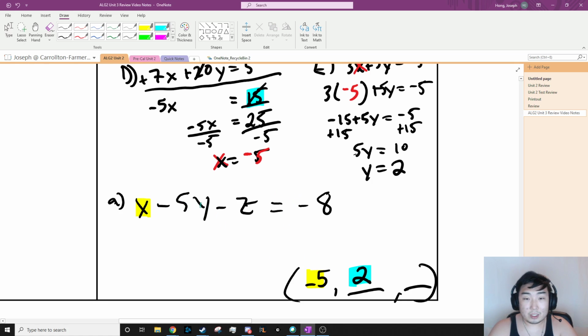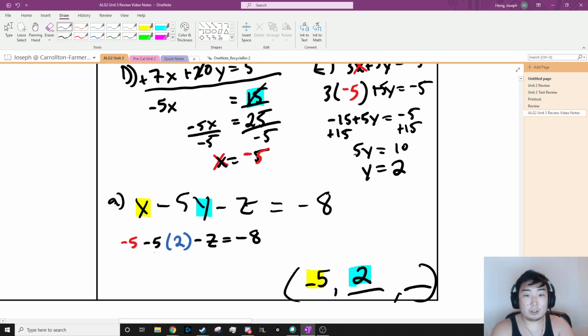This 2 is here. So I can rewrite this as negative 5 minus 5 times, I'll write it blue, positive 2. What am I doing? Minus z is equal to negative 8.